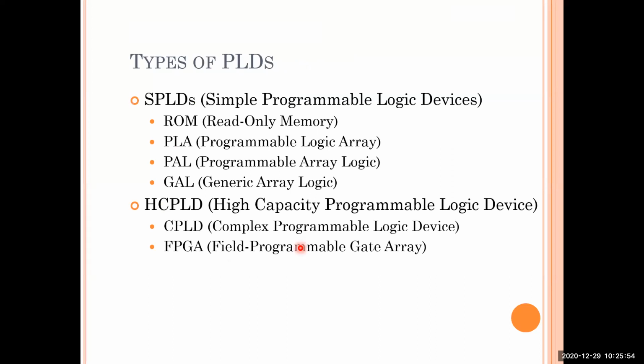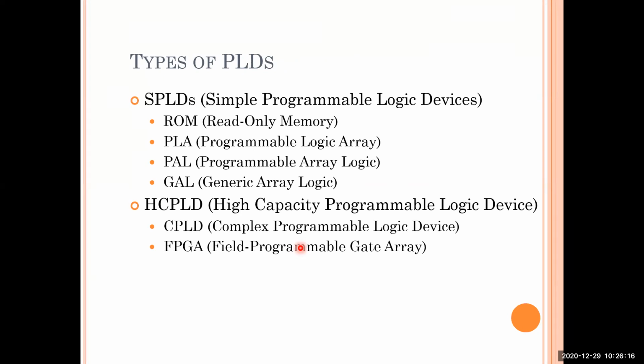Now, types of PLDs. Let us see a few types of PLDs. The first type of PLD is called an SPLD, which is nothing else but simple programmable logic devices. Under the simple programmable logic devices, there are a few kinds. First one is ROM, that is read-only memory.